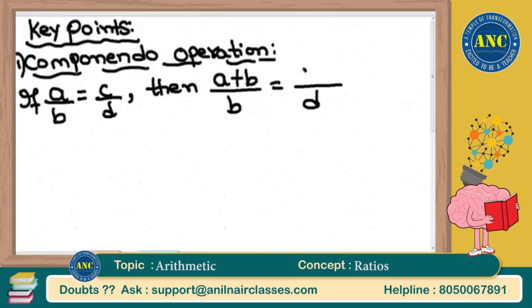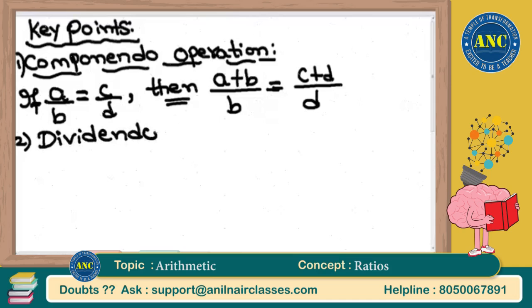It is a plus b, and here it is c plus d, right? If you want, you can take some numerical values, whatever you like, where the two ratios are equal. First you should satisfy the condition and make sure that the two ratios are equal. Then check whether the new condition also becomes true or not. Definitely it will become true. You can take any numerical values of your choice.